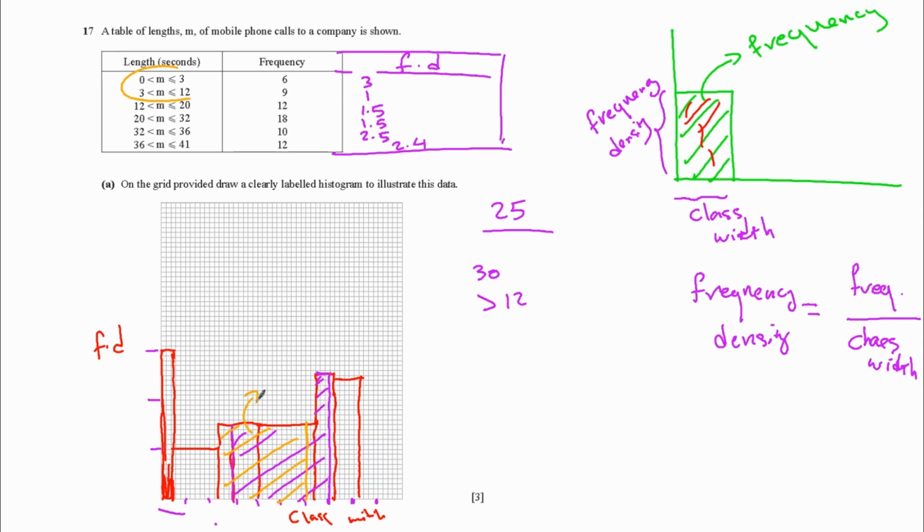Now the other surface area, this side, including the first part, which is less than 12, the frequency of that we can find from the table as well: 6 plus 9, which is basically 15. So the total of this part is 15.